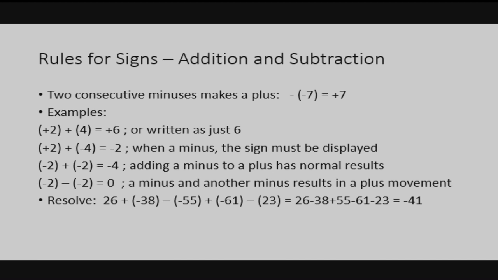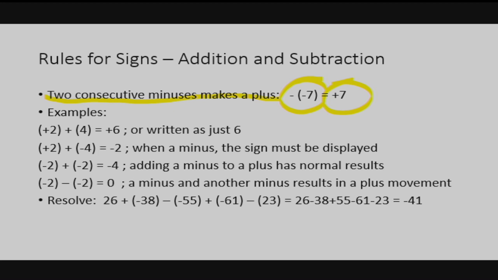The first thing it says is that 2 consecutive minuses, a minus and a minus, makes a plus. All right, and as we go through, just remember right through that these are very simple rules, and once you've got them, there's no problem. But there's a few examples here.